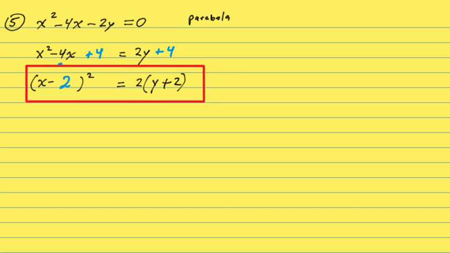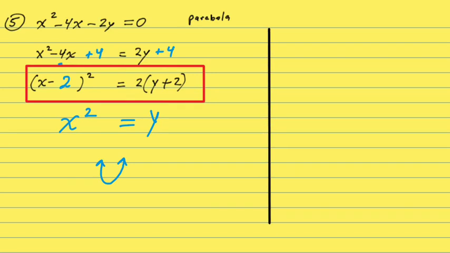Looking at this, I see this as a y equaling an x squared type. There's more to it, but there's a y equaling an x squared. Anyway, y equals x squared opens which direction? Up. I just need to know where the vertex is.